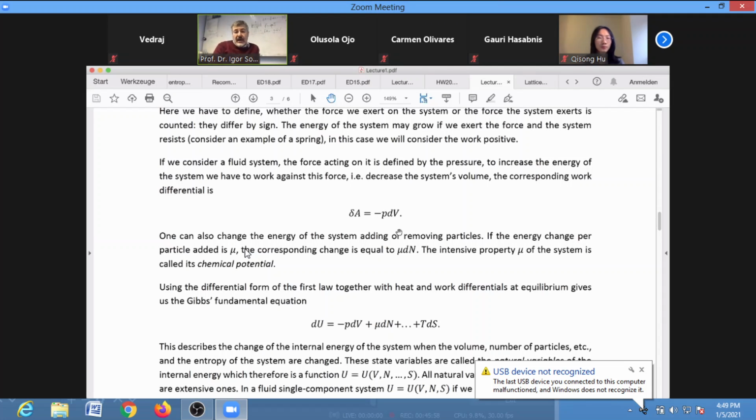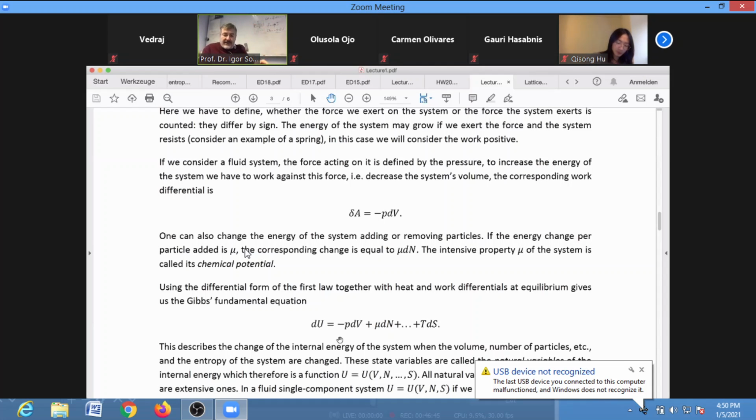And now I can put down the change of the internal energy for a quasi-static process in terms of the work differentials. Now, if I remove or add molecules, I also change the energy. The energy added per added molecule is called the chemical potential of the system. And there might be other possibilities to act on my system. I can switch on the electric field or switch it off. I can switch on the magnetic field or switch it off.